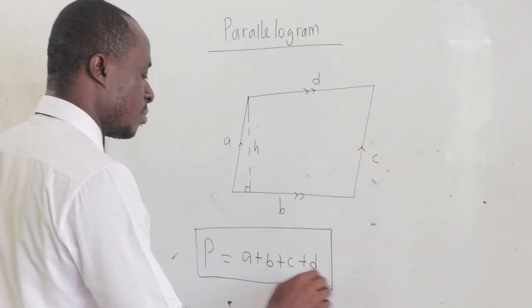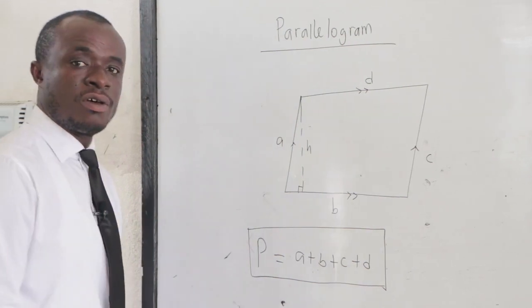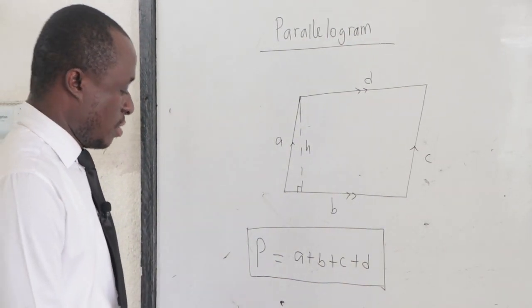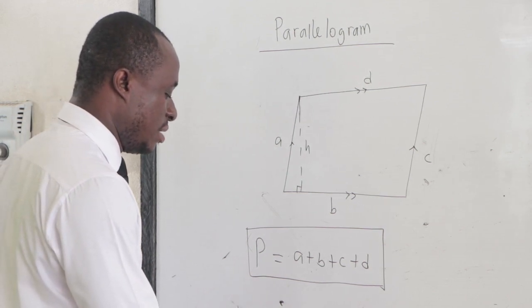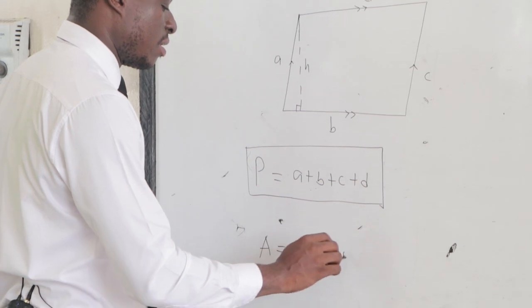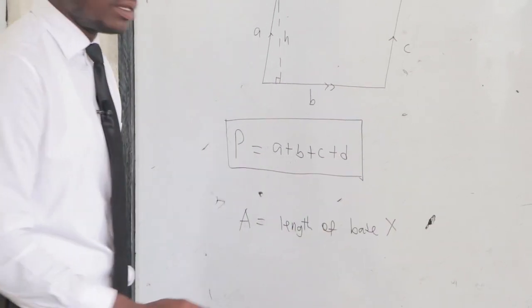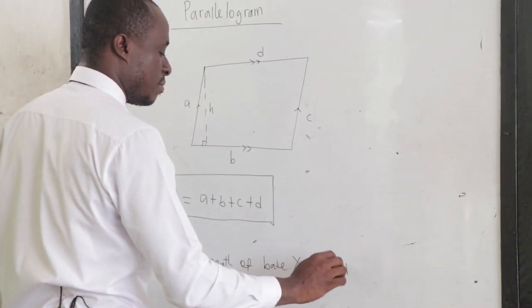And then the area, the amount of size it occupies. Now the area is the length of the base times the perpendicular height.